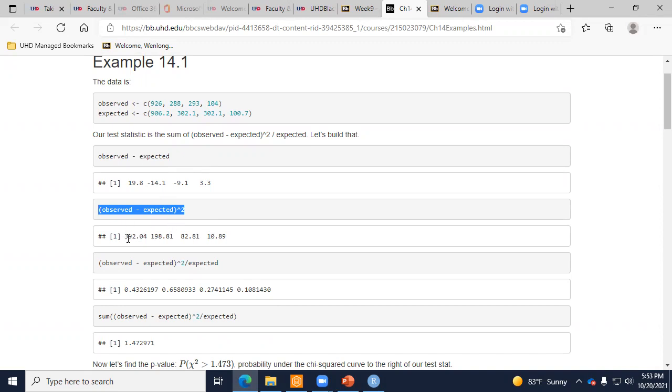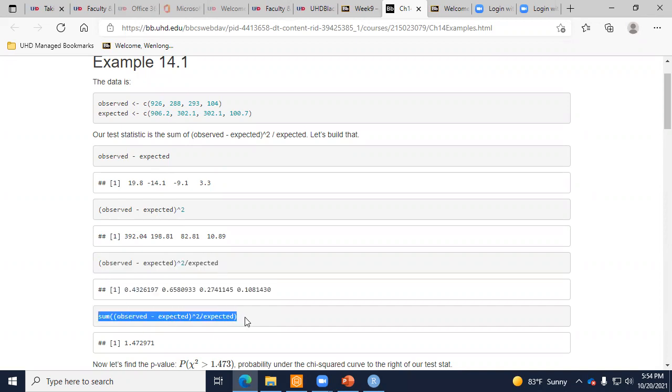It will be doing the element-wise square. After the square, you divide it by the expected, where the expected is also a vector. So it will correspondingly use this value divided by the corresponding first element in this vector.